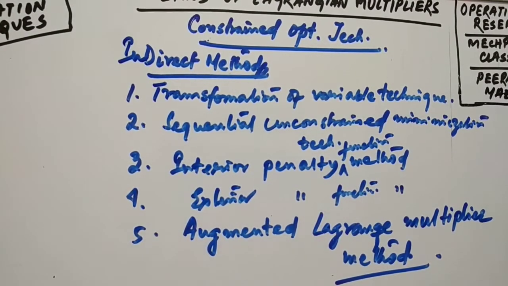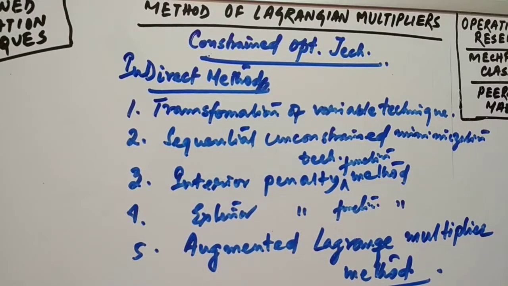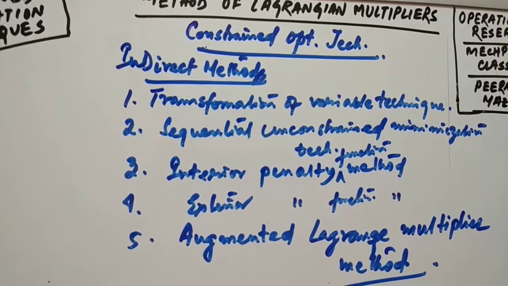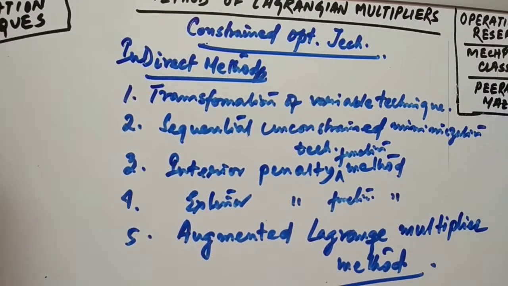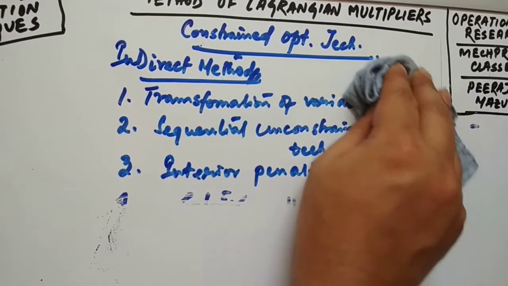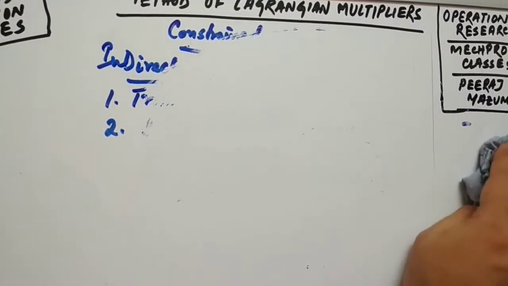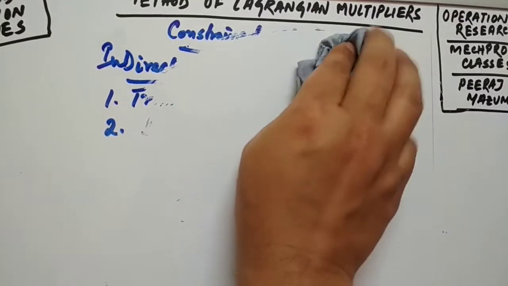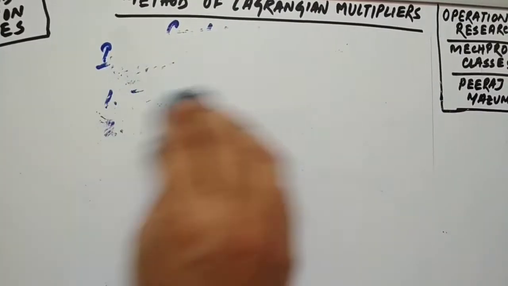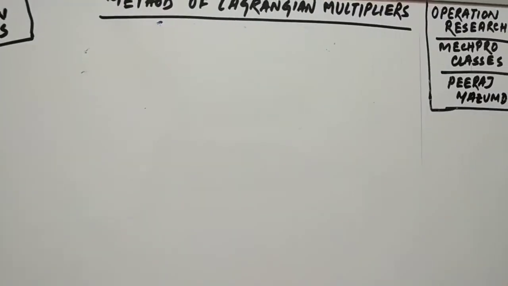Now we can proceed to the methodological solution of nonlinear programming using the Lagrangian multiplier method. Because we have only this method in our syllabus of mechanical engineering, we will stick to this method and not any others.